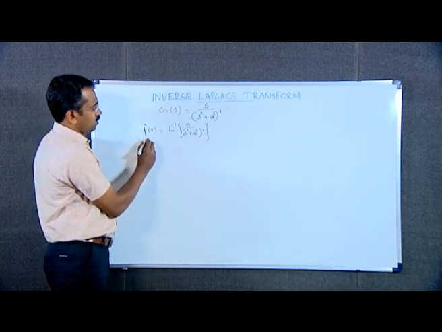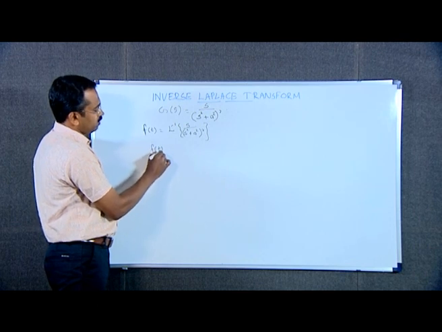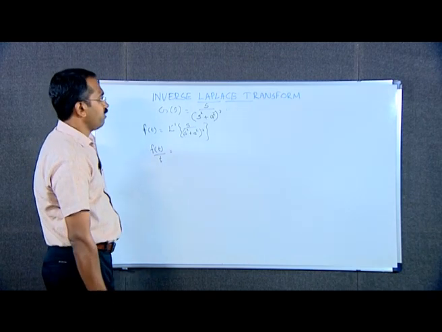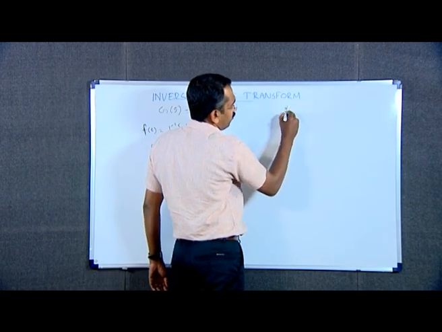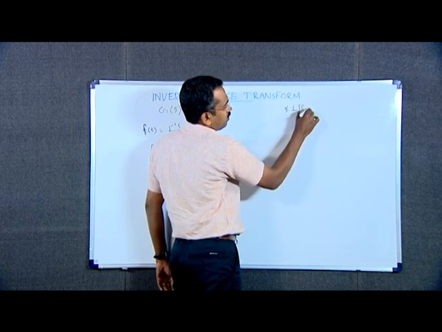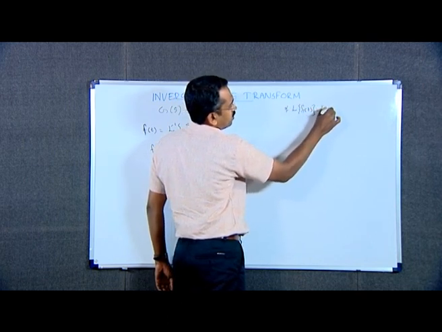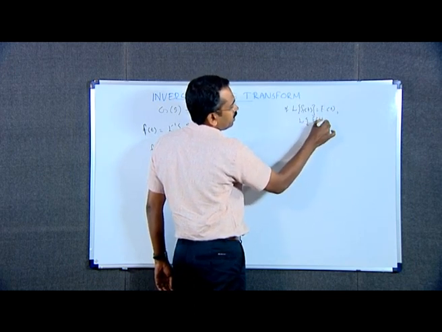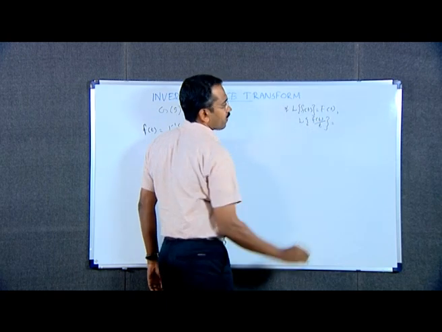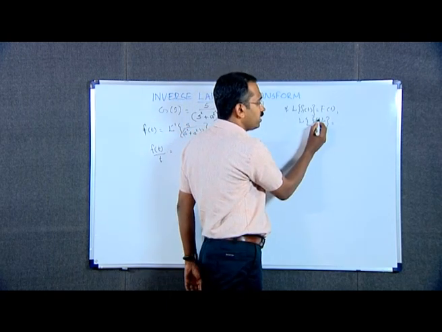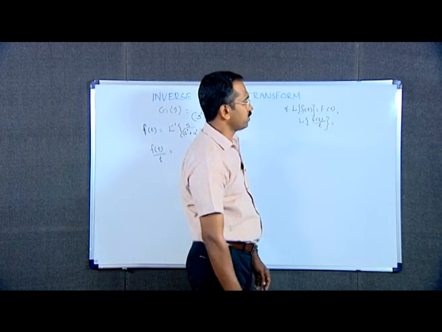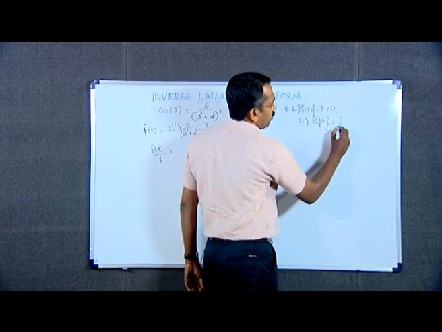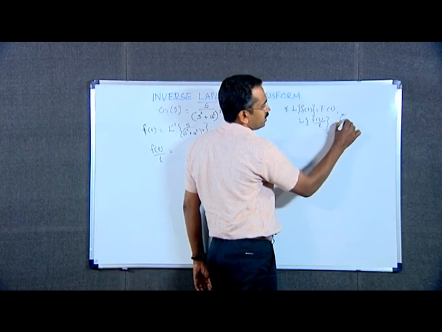Now f of t divided by t can be written as, we have the property, if Laplace transform of f of t equal to f of s, then Laplace transform of f of t divided by t is, when we divide f of t by t, we just integrate f of s between the limits s and infinity.